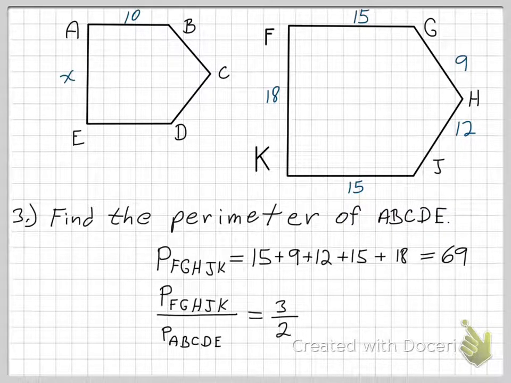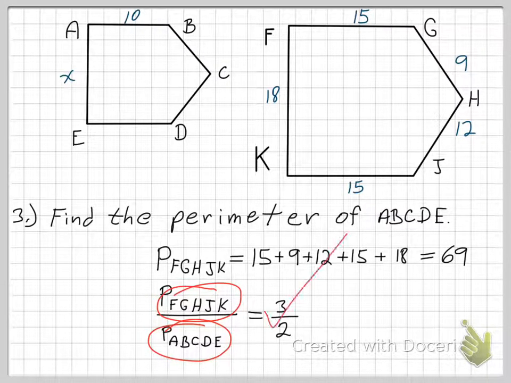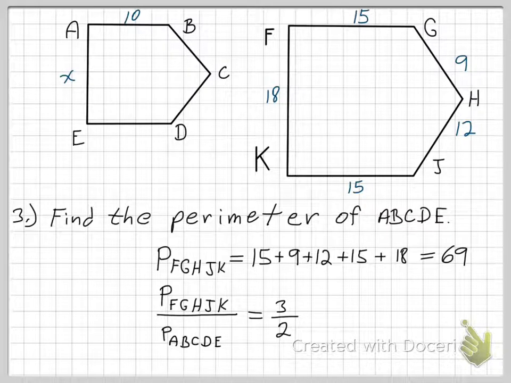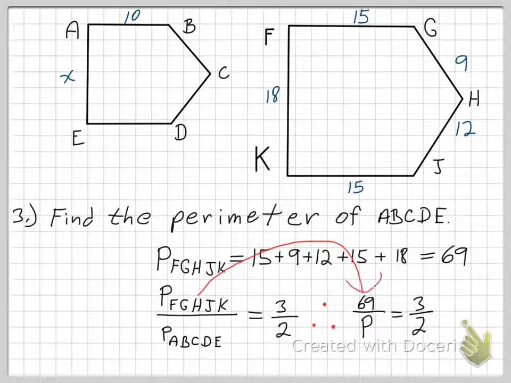And so the proportion that I will set up is that the perimeter of the larger polygon divided by the perimeter of the smaller polygon is again, here we go again, the scale factor, correct? 3 over 2. And so moving right along, then the perimeter of FGHJK, remember, is 69. And the perimeter of ABCDE is what we need to find.